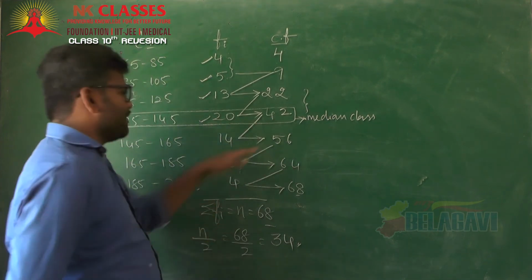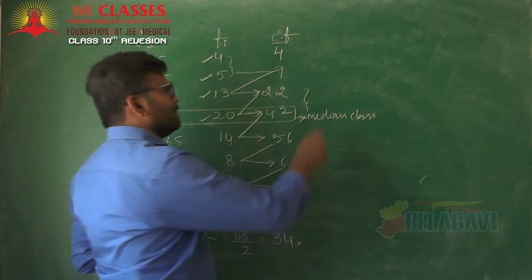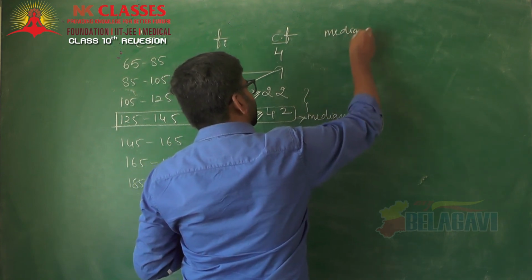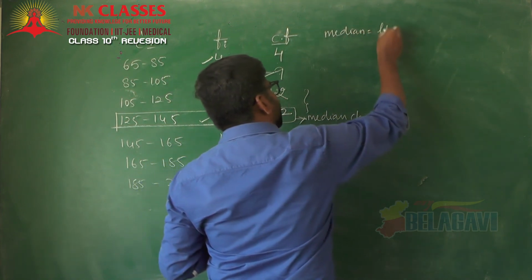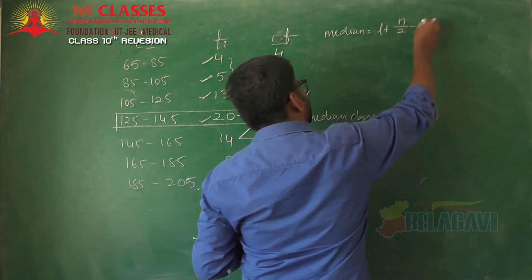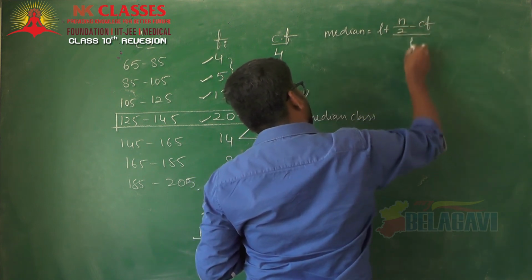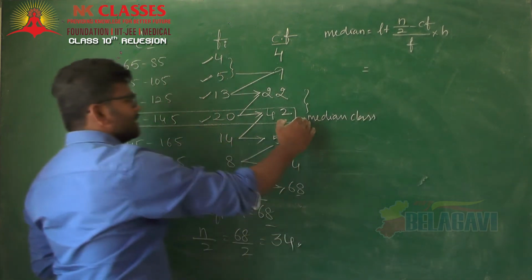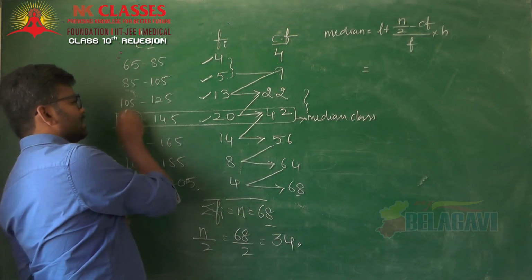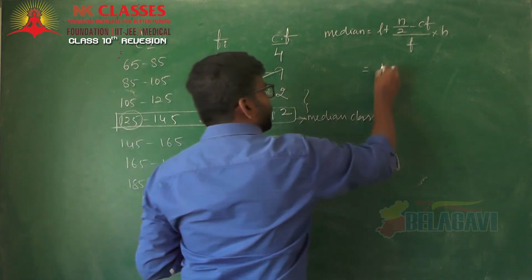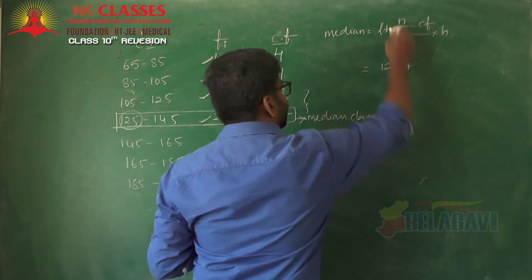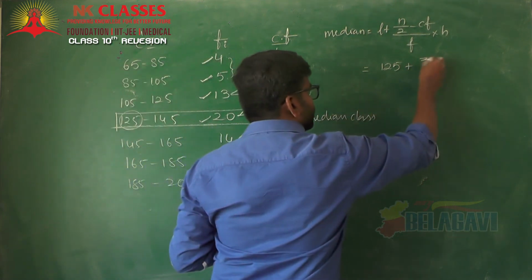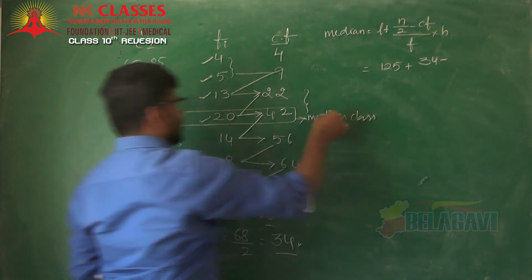So now as you have identified the median class, what is the next step? We need to note down the formula of the median. Median is equal to L plus n by 2 minus CF upon F into H. L is the lower limit of the median class, that is 125, plus n by 2, which is already calculated as 34, minus cumulative frequency.